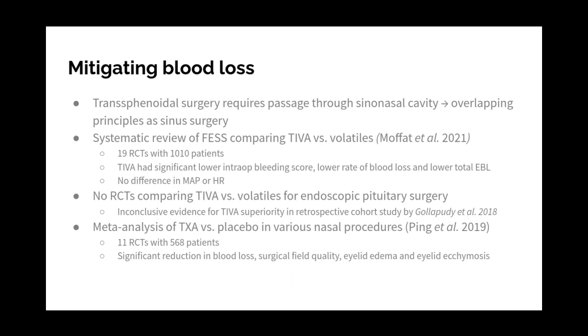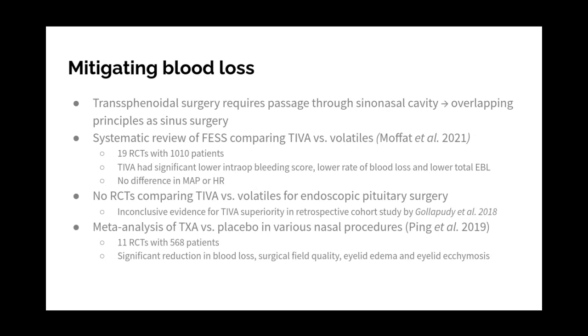The next interesting thing with transsphenoidal surgery is the idea of mitigating blood loss. And so not a lot of literature necessarily exists for bleeding in transsphenoidal endoscopic surgeries in particular. However, there's lots and lots of data on endoscopic sinus surgeries.